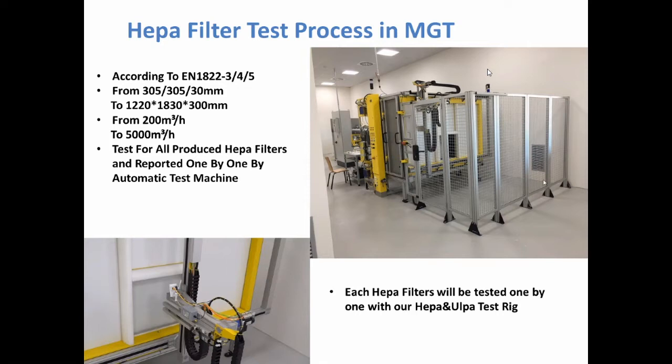And this test machine from Germany is called Topaz. The difference from other companies is that this machine can make a scan and make a report with graphics as well, so the diagram shows easily whether the filter has a leakage or not.